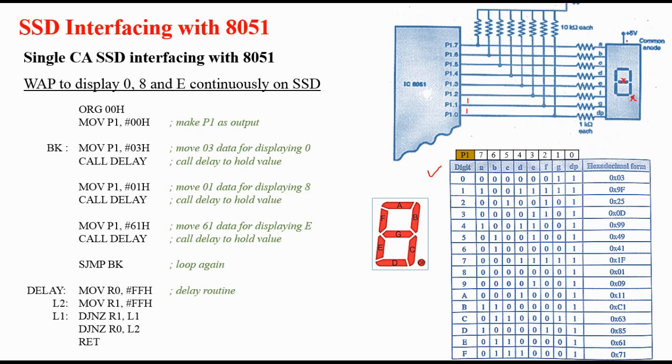Because one of the terminals of the LED which is there at the G place, if I want to make it off, there are two ways. One end is connected over here to VCC, so to make this LED off, we have to tie the other end to VCC as well.